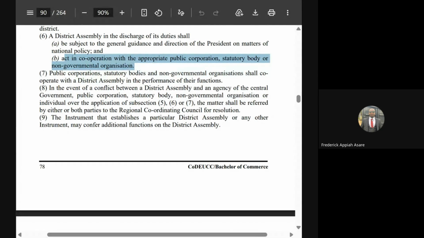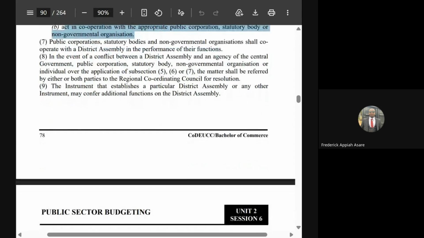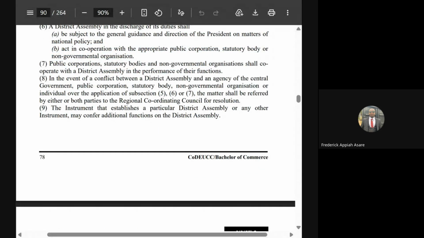So, in as much as they are discharging their duties, they must also consider the various statutory bodies, what the law prevents you from doing, you can't do. What the law tells you not to do, you can't do. So that is what these non-governmental organizations say, or this is what the Constitution says, or the things that will guide the district assembly in discharging their duties.